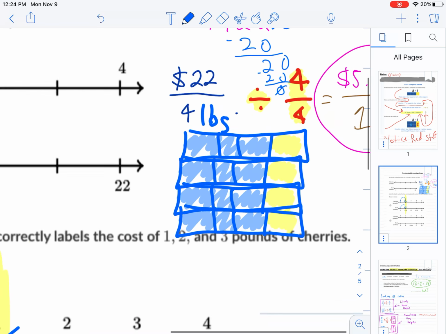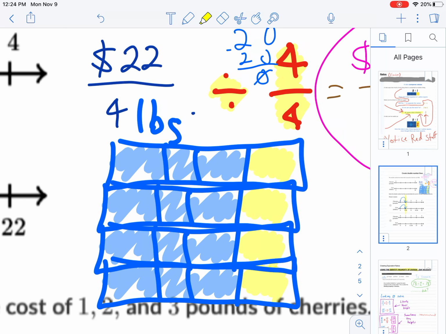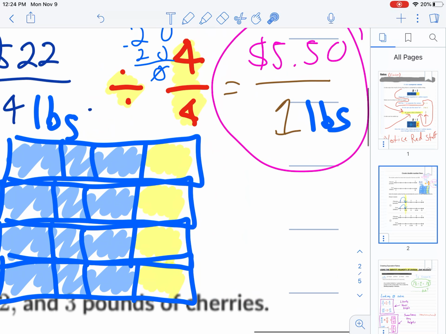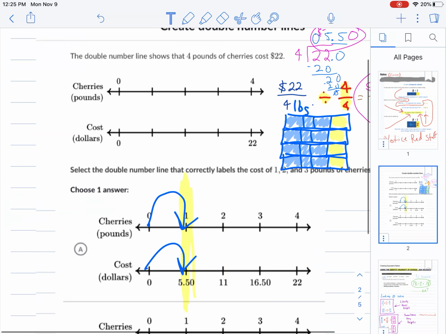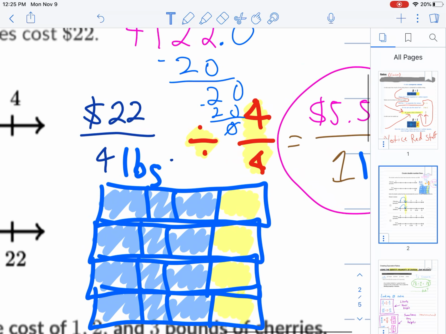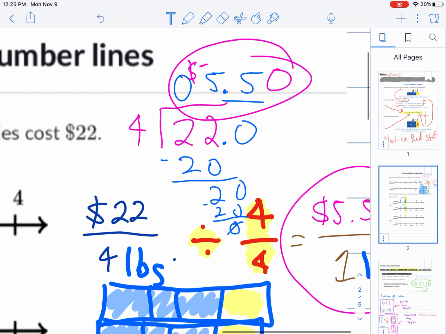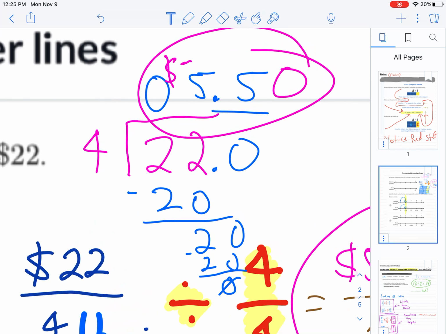So if I take that 22, and this is my 4, I need to change that into just looking like one of them. And the way that I do that is division. Because that ratio, you can say that out loud, 22 for every 4 would be the same thing, 22 divided by 4.